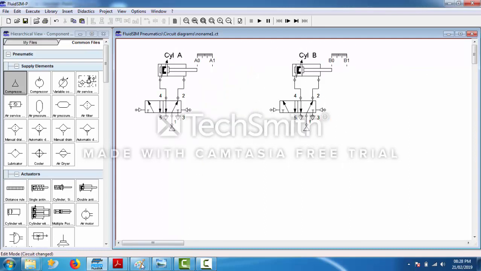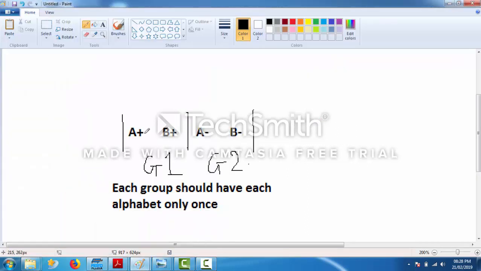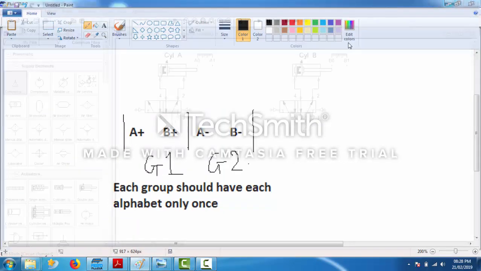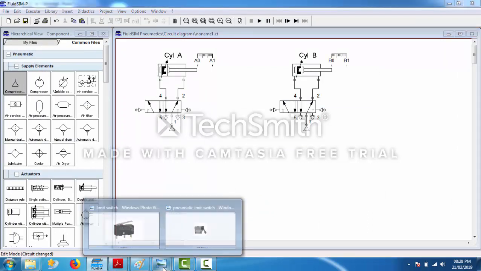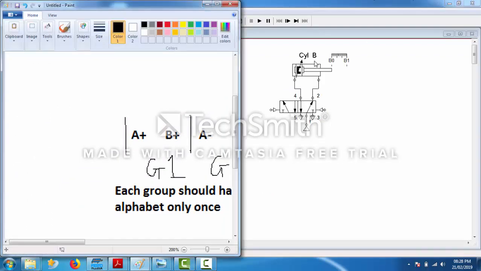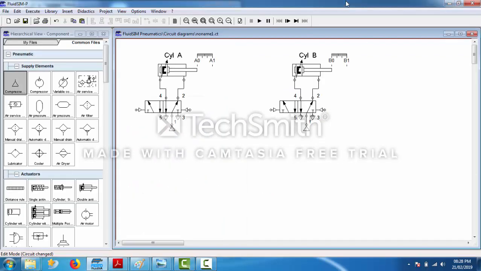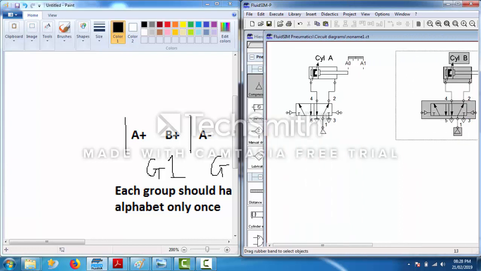Now again go back to this part. It starts with A plus. A plus means the piston will completely come outwards. After that, B plus is going to happen. B plus means piston B will come completely outside. But how will piston B know that it has to move?